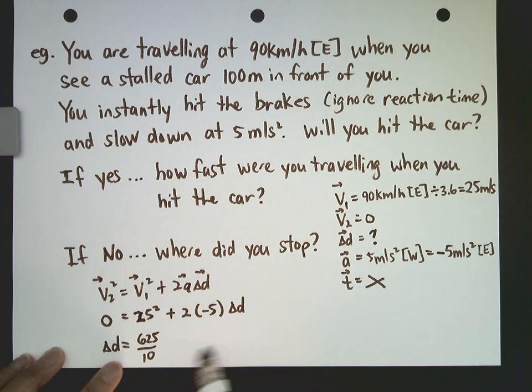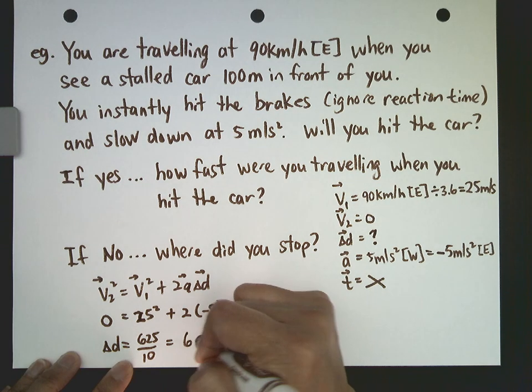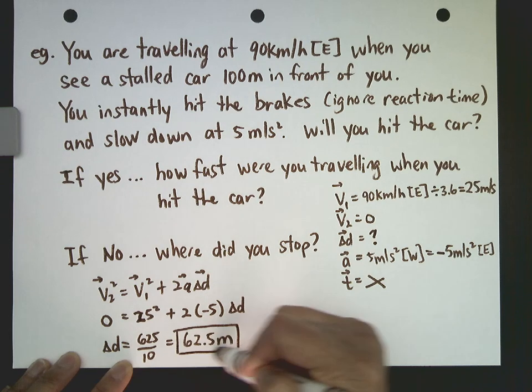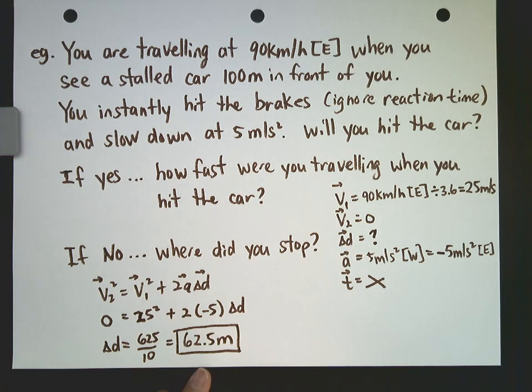You'll notice the negative cancels out because when you bring this to the other side, it's negative 625. Anyway, this is hopefully what you end up getting. And then you're going to get 62.5 meters. So the car took 62.5 meters to stop.